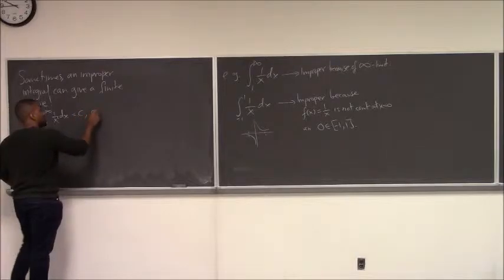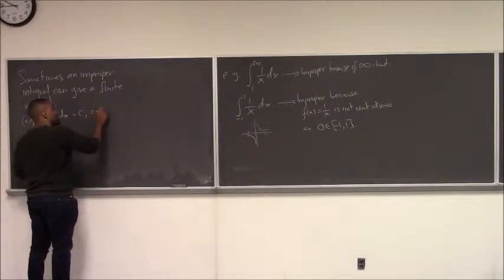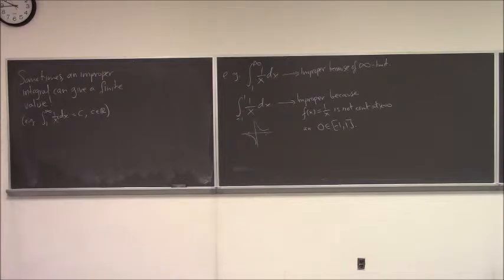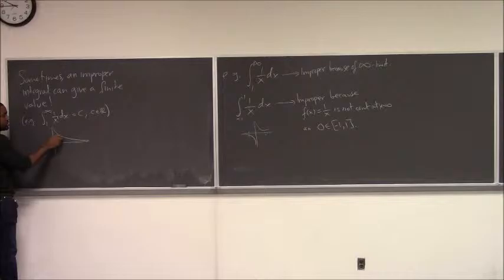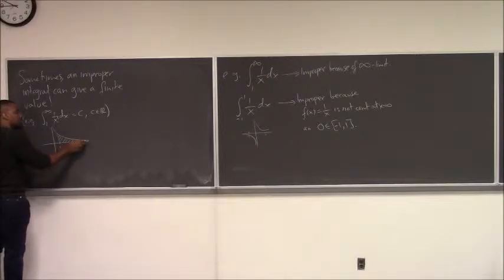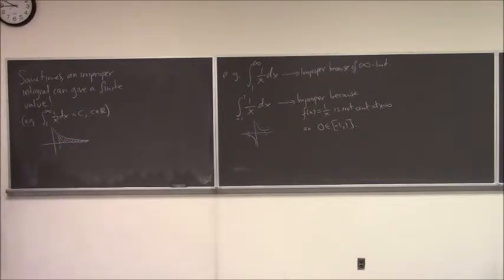It equals C, where C is actually a finite number, believe it or not. So we can actually look at this function here, which is 1 over x squared, on the interval 1 to infinity. So what we're finding is this area. That seems to be an infinite area, except it's not. Right? And strange things like that can actually happen. Turns out that if you find the area under 1 over x squared on the interval 1 to infinity, you get a finite number, even though the function never actually closes off at any point.